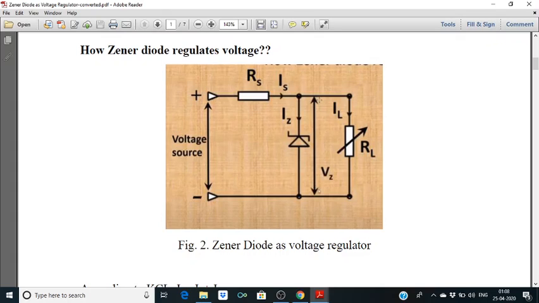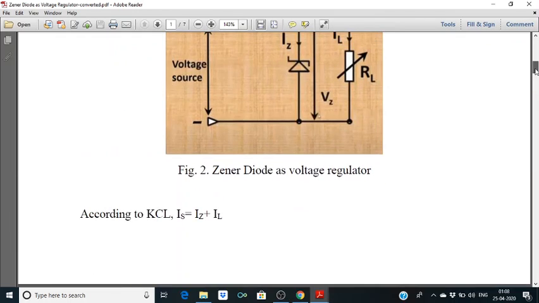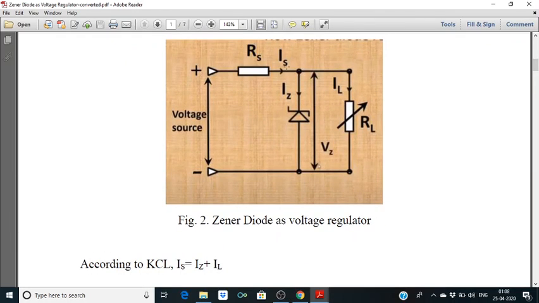We have connected a load resistance in parallel with this Zener diode. There can be two cases: either we can vary RL or we can vary the voltage source. According to KCL, at this node IS equals IZ plus IL.